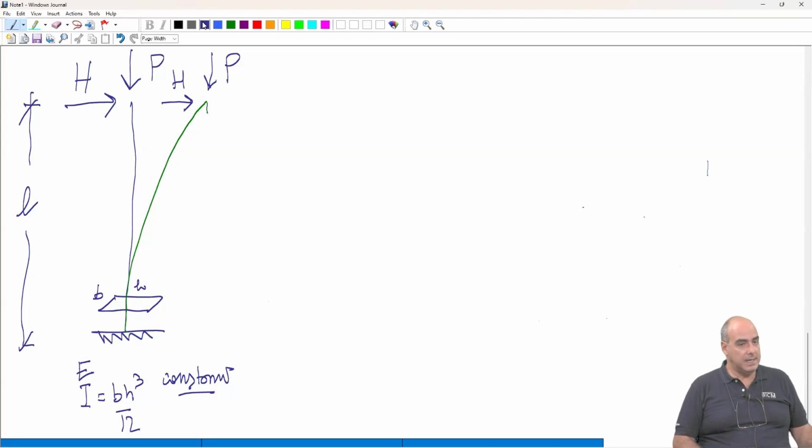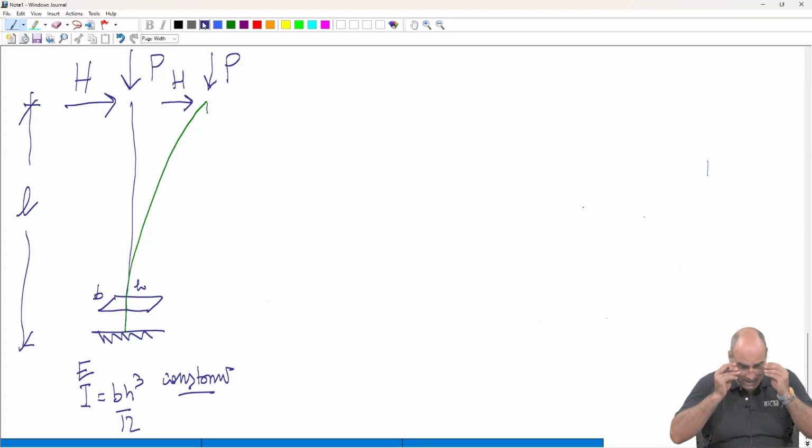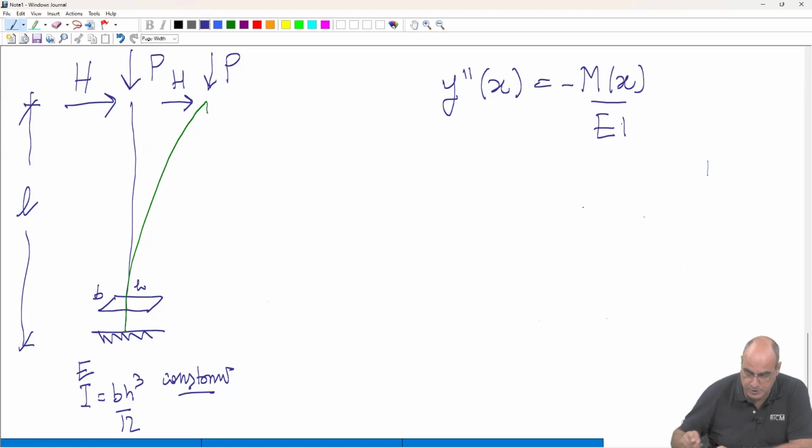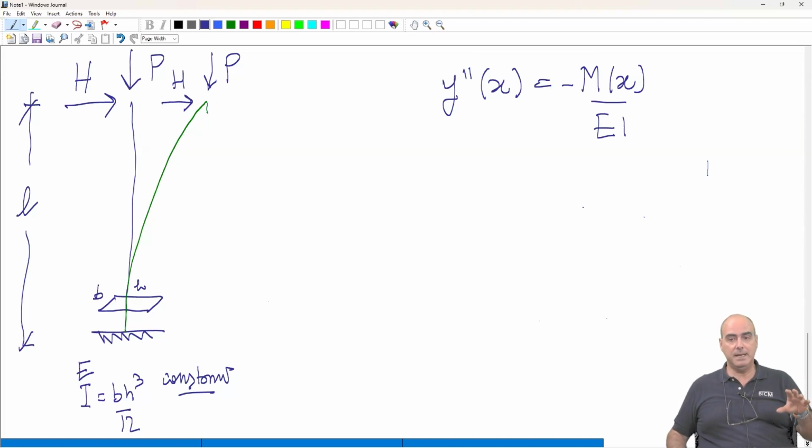In order to do this, we have to do a little mathematics. And the fundamental equation that we use, you might remember that we have this equation in structural mechanics. The curvature, which we mathematically describe as the second derivative of the deflection, is equal to minus the bending moment divided by the stiffness.